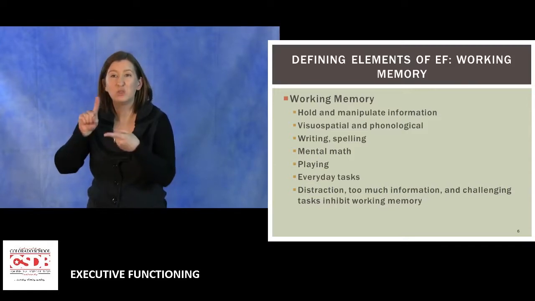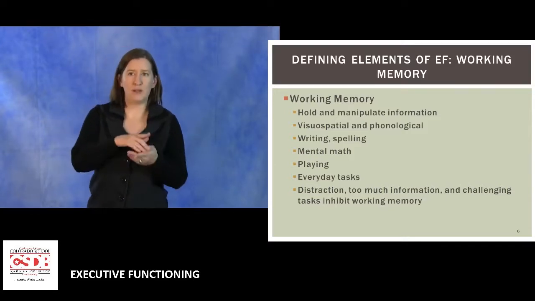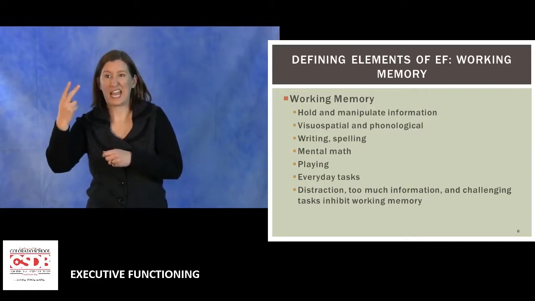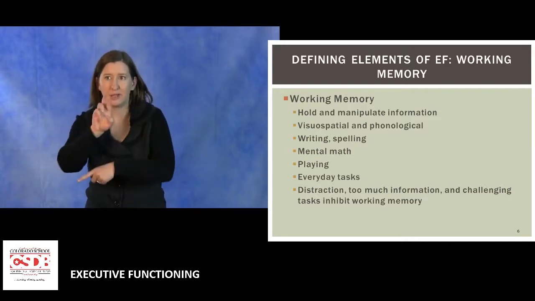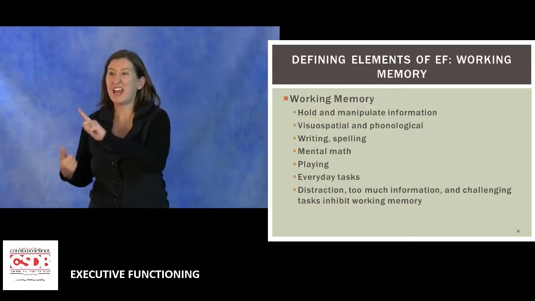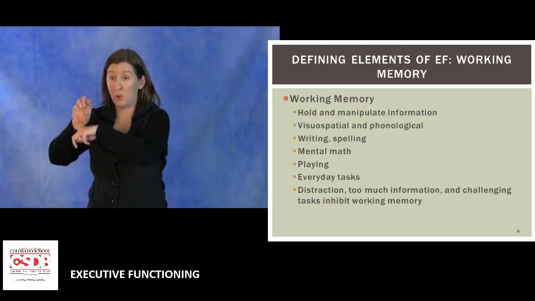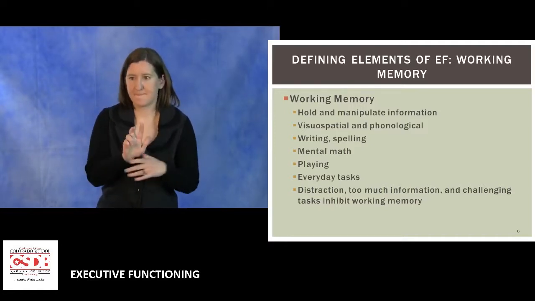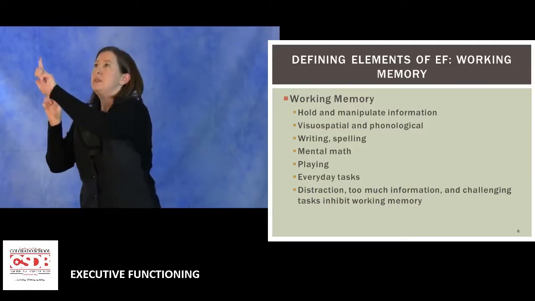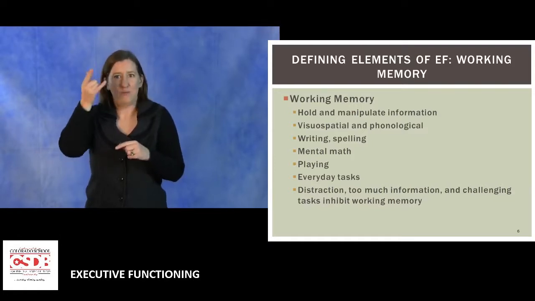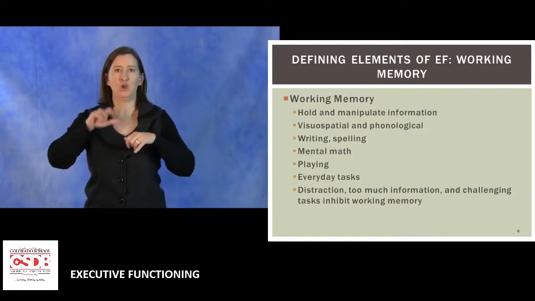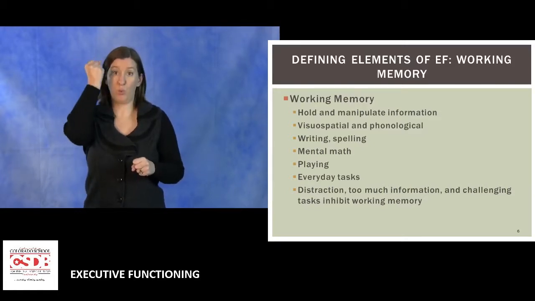Also, if someone tells you directions to the library from school, and you have to remember it's right at the second intersection, and then turn right, and then go left when you see the McDonald's. And so when you're driving, you have to remember, okay, it's the second intersection, and I turn right, and then I see McDonald's, I turn left. But once you use it, it's gone. You don't hold on to that information.